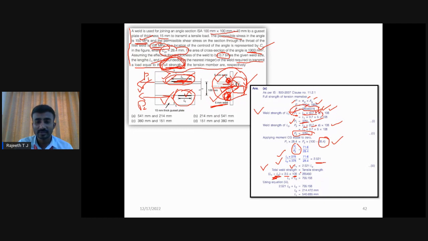If we equate this to the tensile strength, you get L1 plus L2, and later you can calculate L1 and L2 separately by equating these equations.